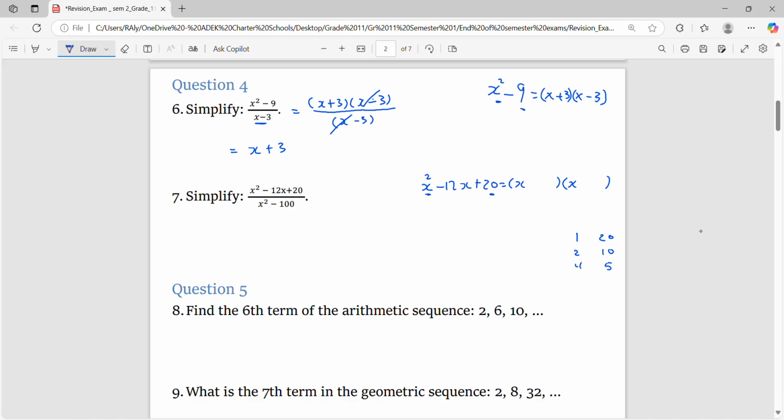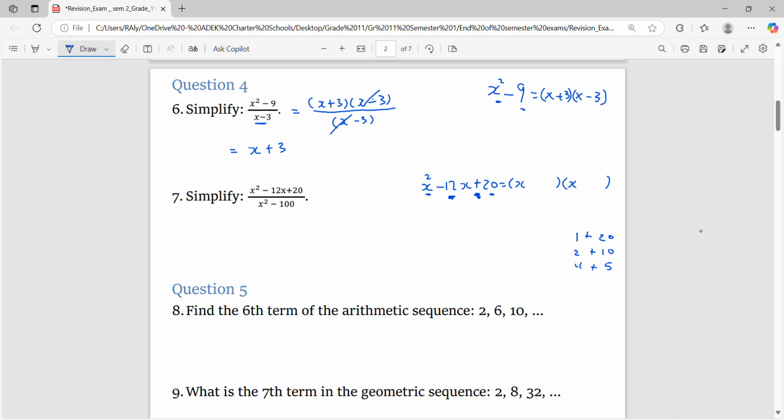How many options do we have? We have three options, but which one of these can be written here? The middle value, the coefficient of x, will tell you which one is correct. Here the operation is plus, so if you add them, which two factors can give you 12?